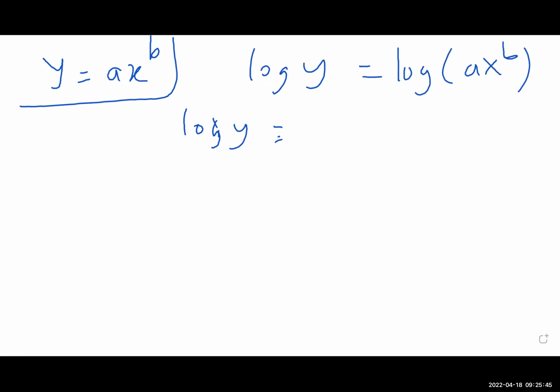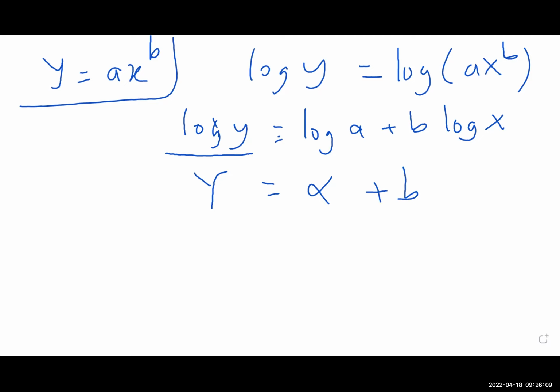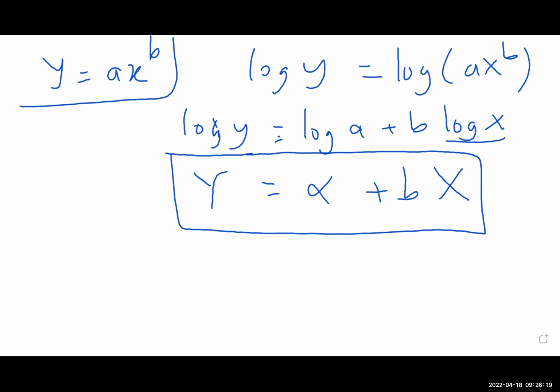You get log of a plus p log x, isn't it? Then I can give a new name. This one is capital Y equal to alpha plus b still, and then this one I will put as capital X. So I got a new model which is linear.